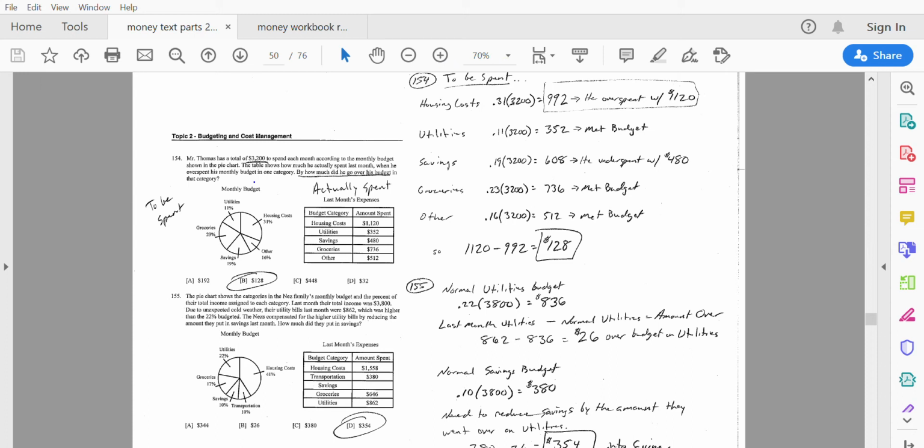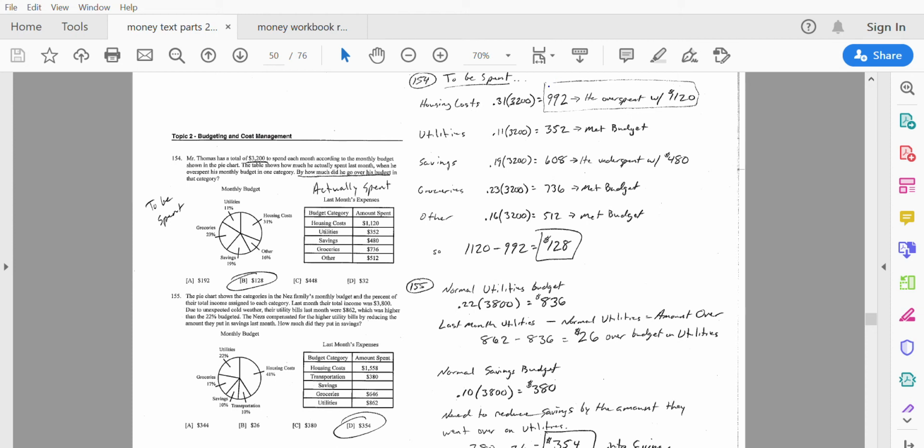So again, go through just like we've done in the other problems. If I start with housing costs, just because that's the order they go in here, I change that to 0.31 times the budget of $3,200. That's 992.